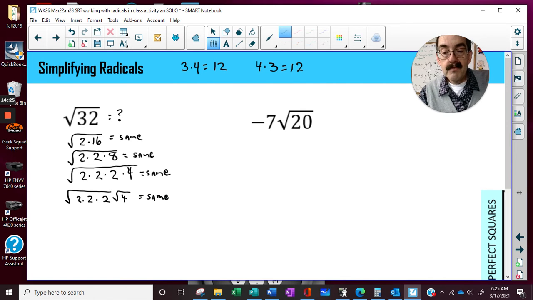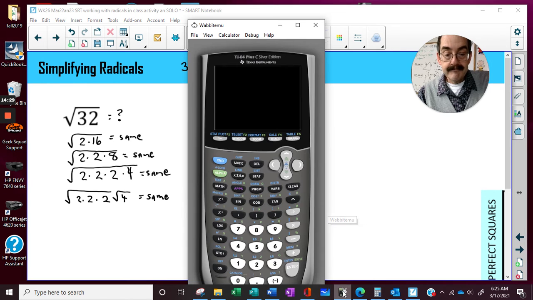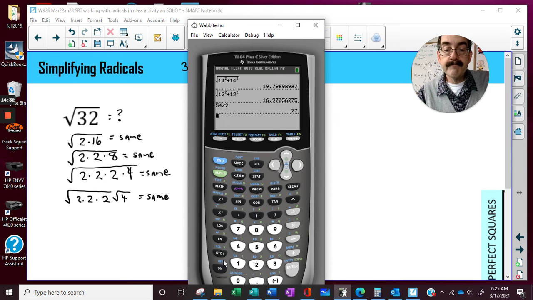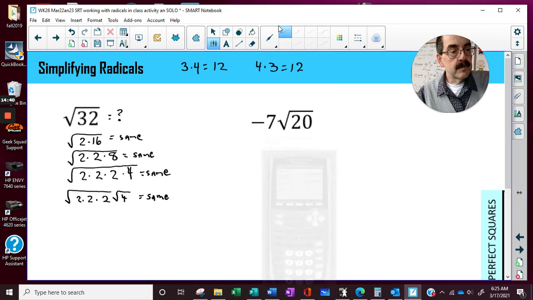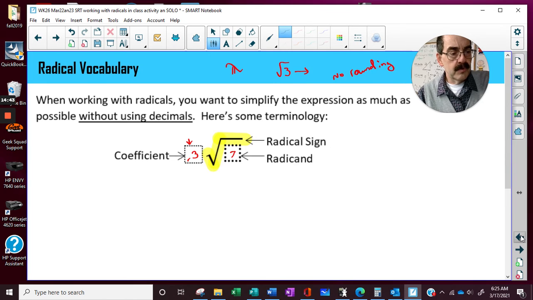Now, what's the square root of 4? Come on, what's the square root of 4? The square root of 4 is 2.